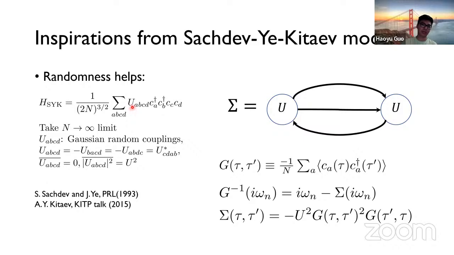For example, by making this four-fermion coupling, U_ABCD, a Gaussian random number, it turns out that you could sum all the diagrams in terms of melon diagrams, and then write down a self-consistent set of equations for the Green's functions, and actually solve the system.